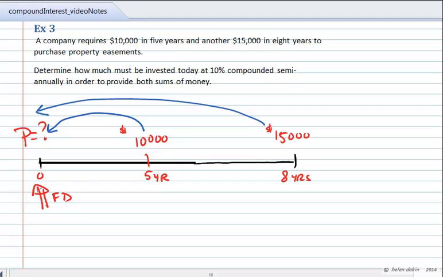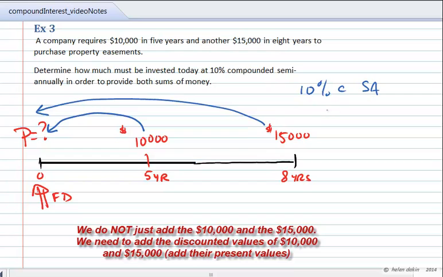Now our interest rate is 10% compounded semi-annually, so a rate of 10% compounded semi-annually works out to an interest rate of 10% divided by 2 periods per year. That would mean 5% per 6 months. So now I have to go back to my time diagram and say, how many semi-annual periods are there for each of these compound amounts?